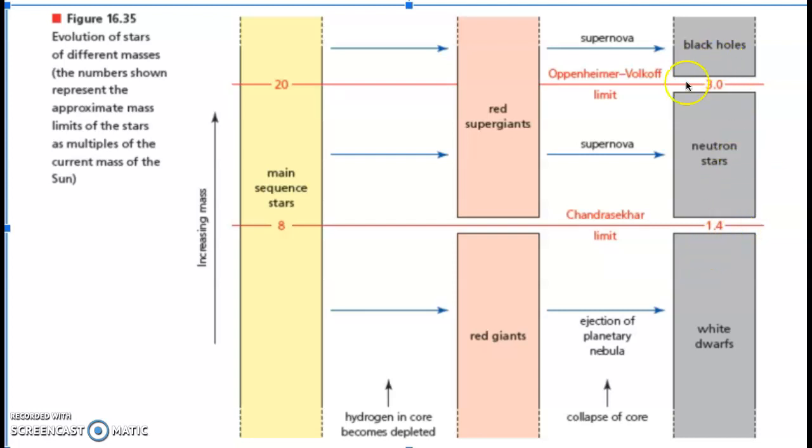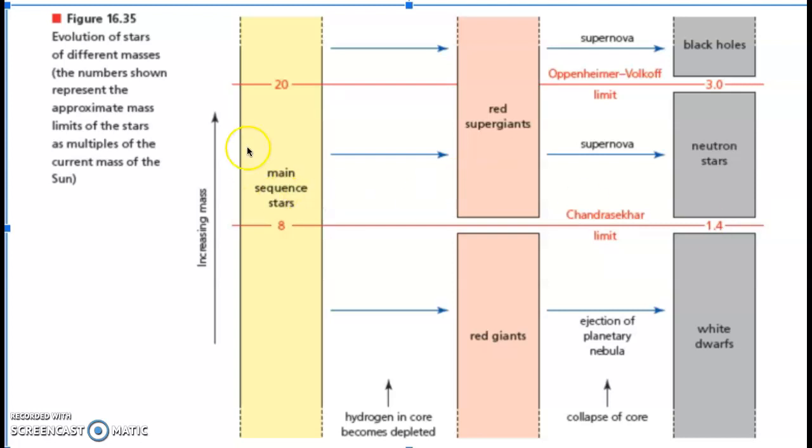And if it's actually 3 times the mass of the Sun, then it would be a black hole. Now, it's probably easier to consider it in terms of a main sequence, but this explanation does give us a nice perspective on looking at the actual size of a white dwarf and how tiny white dwarfs are. A star of 8 solar masses would be equivalent to a white dwarf of 1.4, which is quite a considerable decrease in mass.